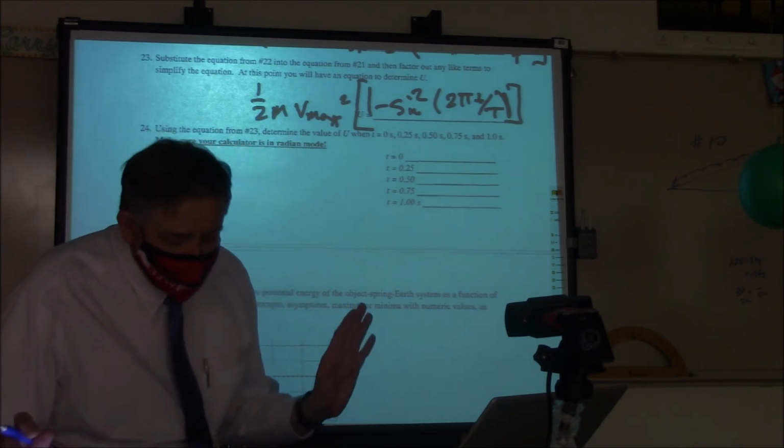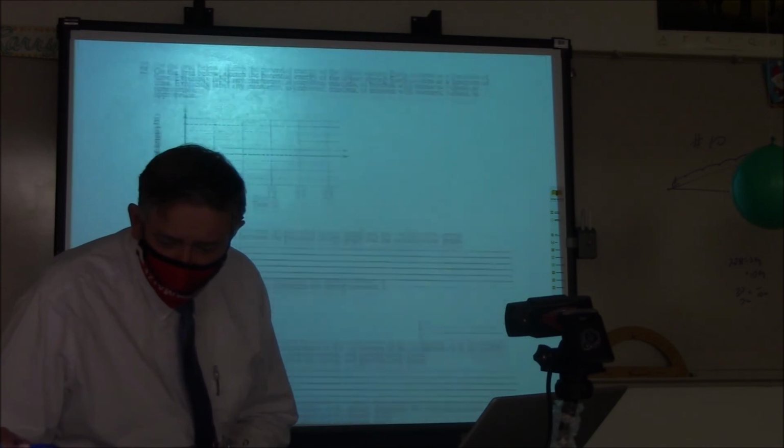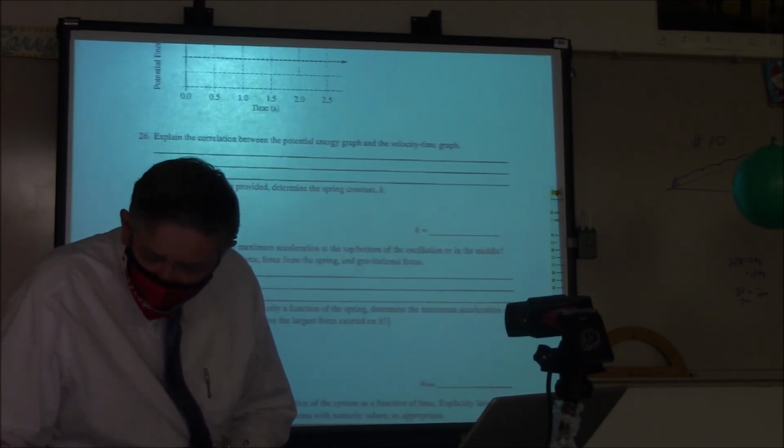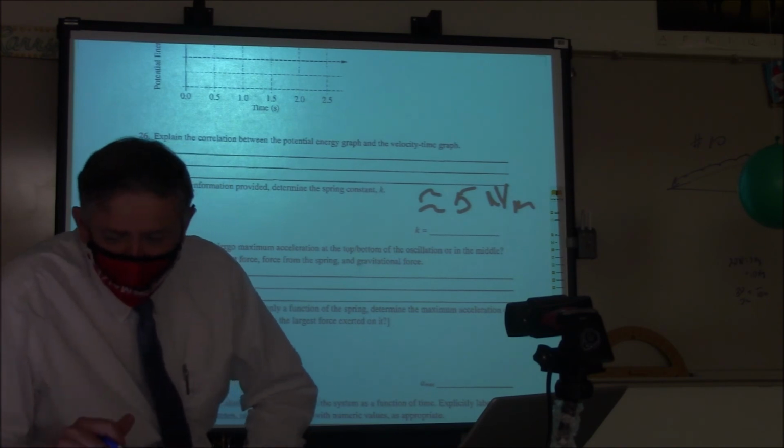Now, let me give you a hint about what you should get for question number 27. Your answer to number 27, that K value should be around 5 newtons per meter.